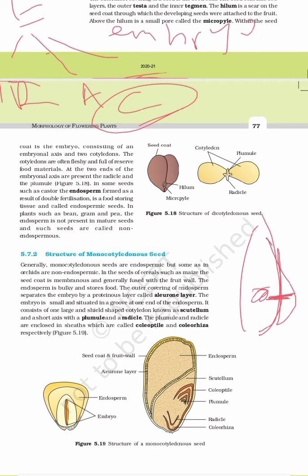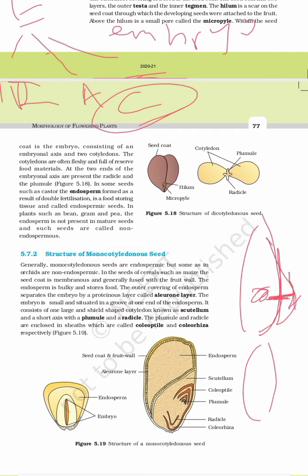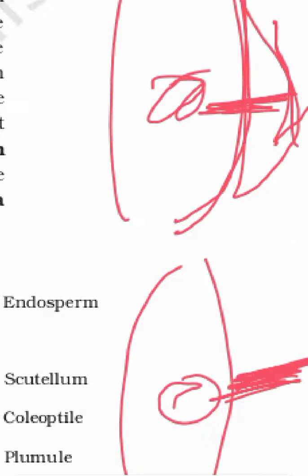Next one, raphe, R-A-P-H-E. It is also a part of the funicle which is fused with the seed coat. For example, if this is a seed, the part connected to the seed coat is called the raphe, and the one connected to the seed is called the hilum.